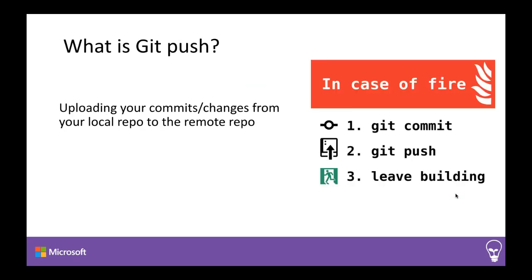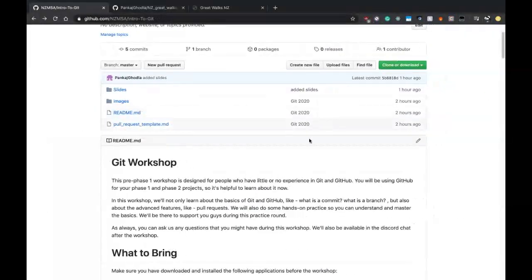Now, what is git push? Well, git push is just uploading your changes from your local repository to the remote repository. Let's say you just cloned this remote repository to your local computer. You made some changes and you saved those changes. That is, you committed those changes. But those changes are sitting on your local machine, not on the remote one, which is this one.